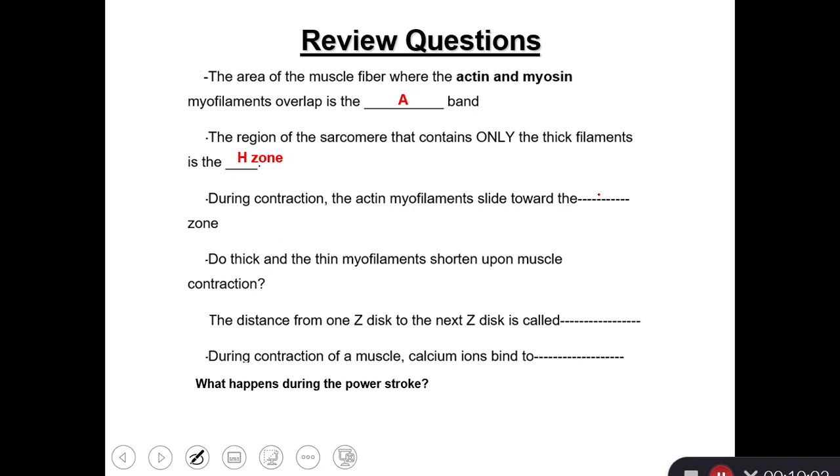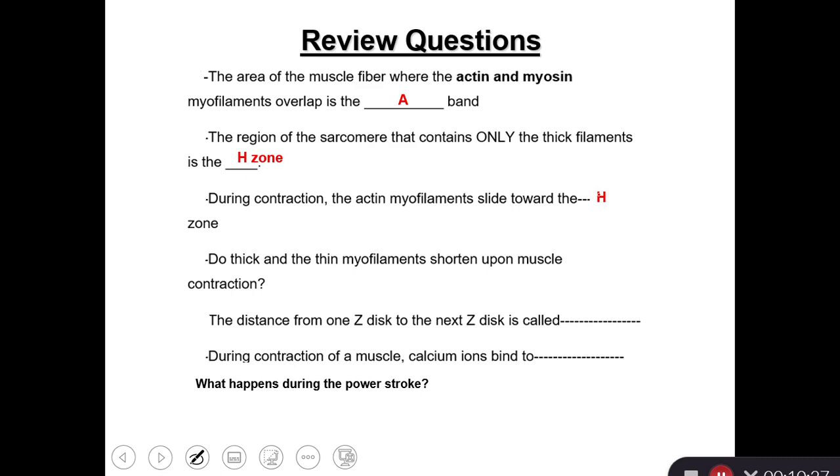During muscle contraction, the actin myofilaments slide toward the center of the sarcomere, so they slide toward the H zone. That's why the H zone becomes narrow, because the H zone has only myosin. When actin goes to the center, the area that has only myosin becomes very narrow.